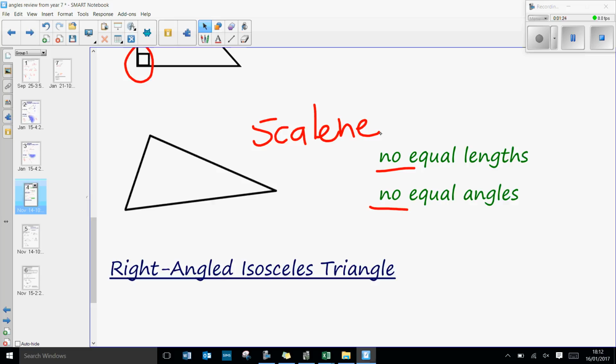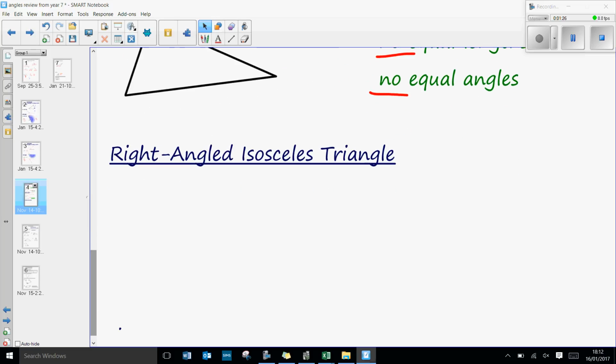A right-angled isosceles triangle is a combination of the right angle and isosceles. So that means that this angle up here would have to be 90.